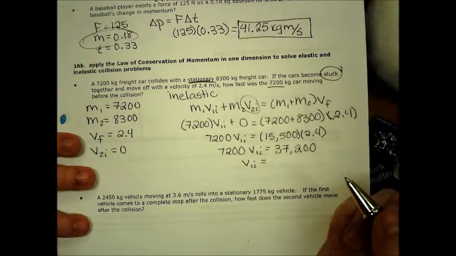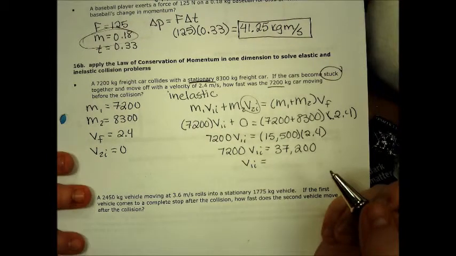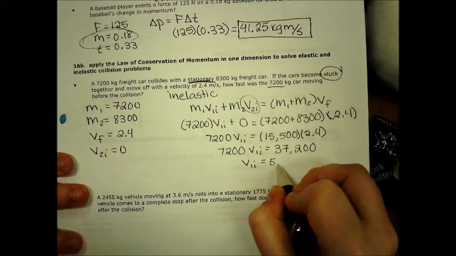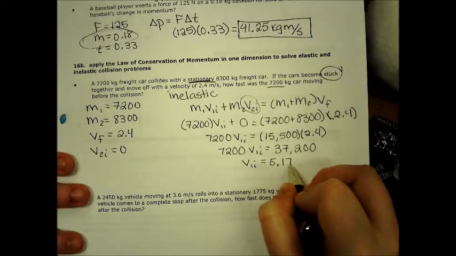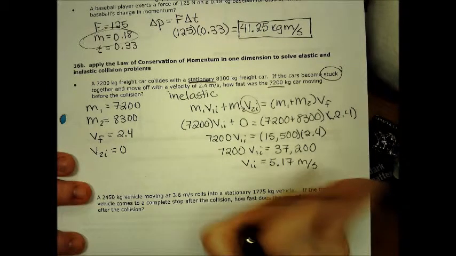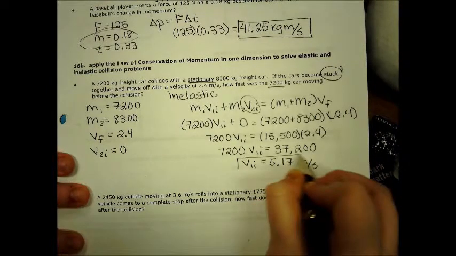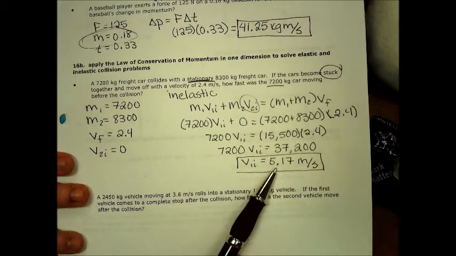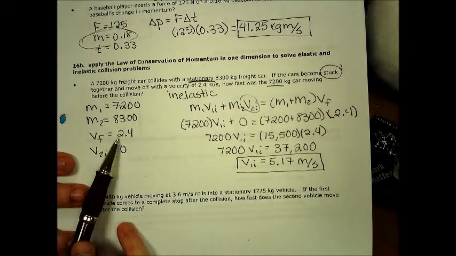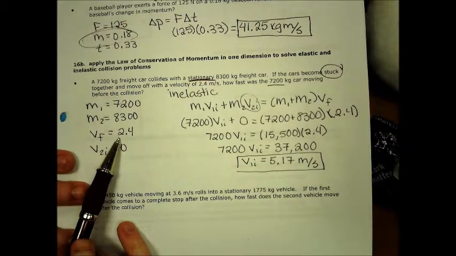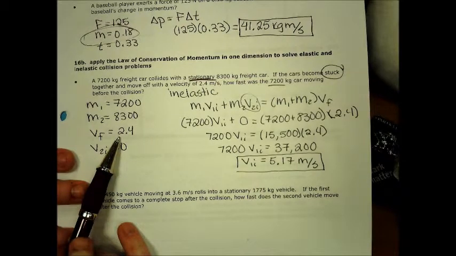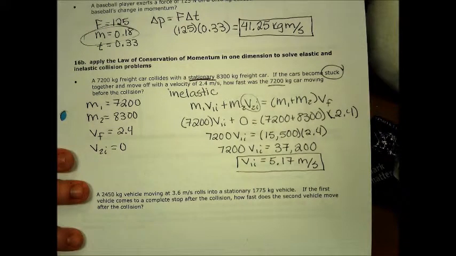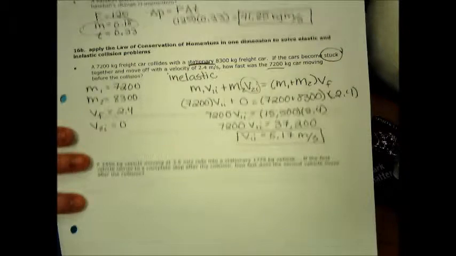And then V1I is going to end up equaling 5.17 meters per second. This answer should make sense because it's going faster at the beginning than it ends up at the end, which is pretty logical because hitting the stationary car is going to slow it down.